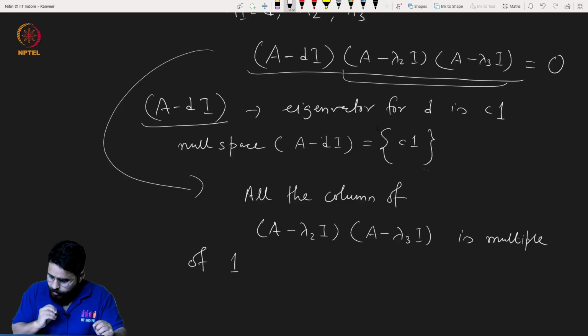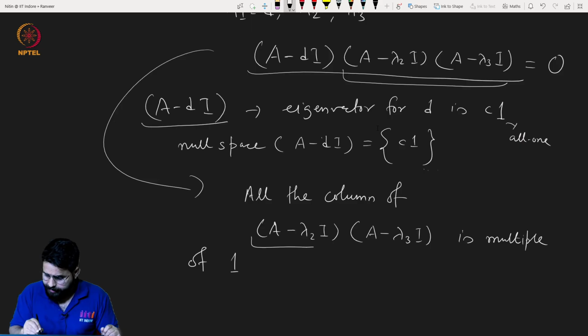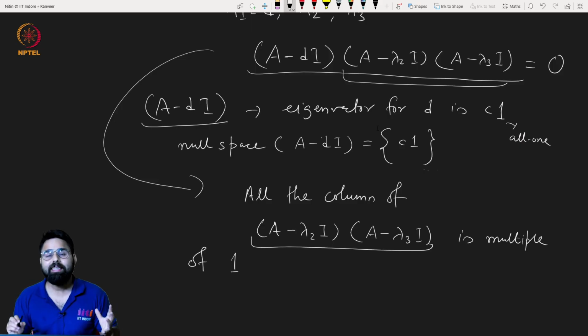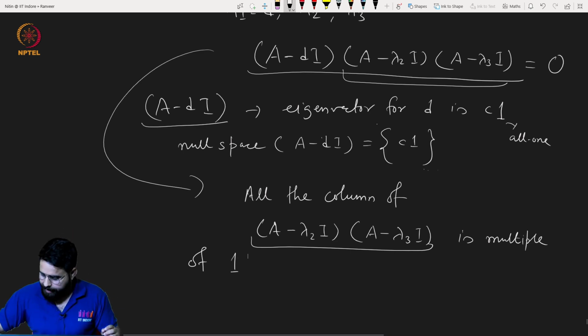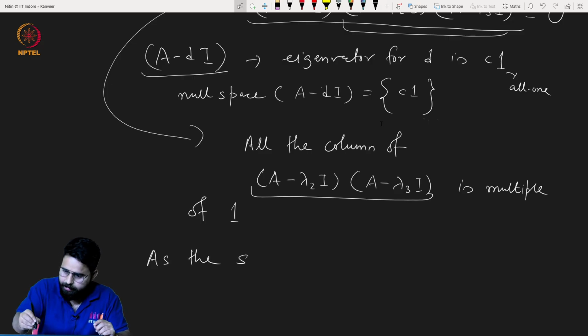Okay, but this matrix is symmetric. Since the matrix is symmetric, every column will be of the same type.